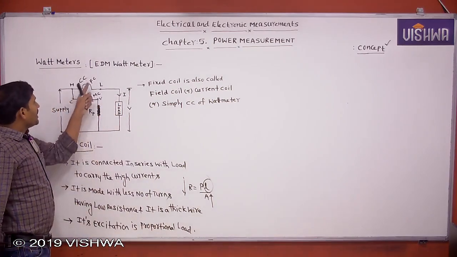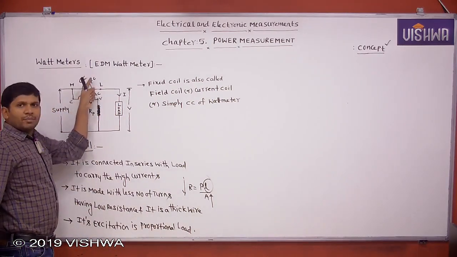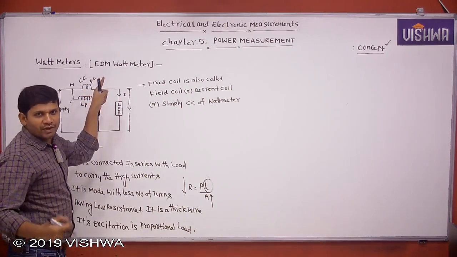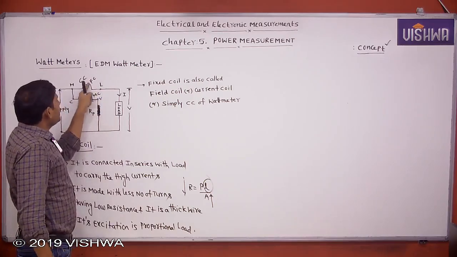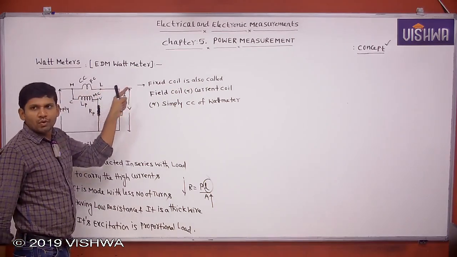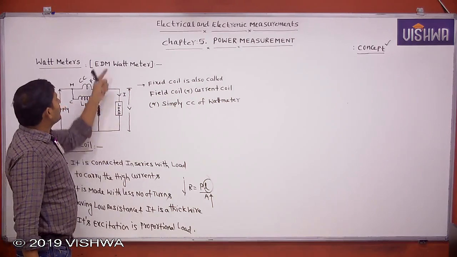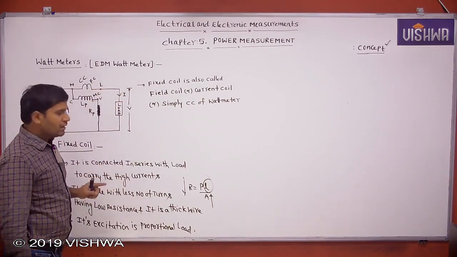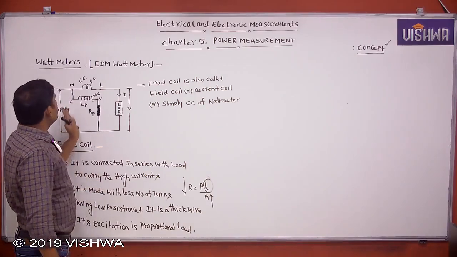We know that in the representation of this current coil, it is represented with 1 or 2 turns only because it is made with a less number of turns. The excitation of this coil is proportional to the load. If the load increases, the load current increases, and the current to the current coil also increases. Okay, these points you remember with respect to fixed coil.